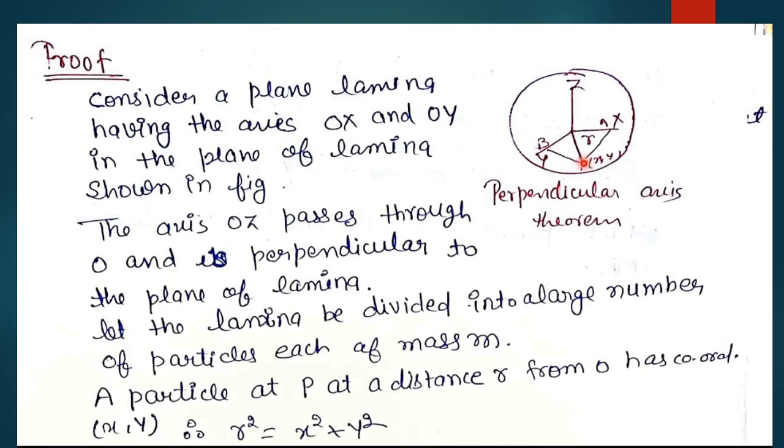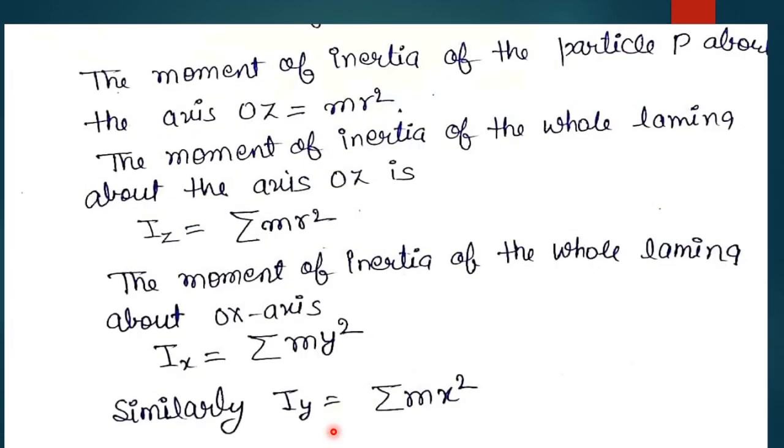The coordinates are x and y. So what will be the relation? r = √(x² + y²), or we can write r² = x² + y². Now the moment of inertia of the particle P about the axis OZ will be mr², and the moment of inertia of the whole lamina about the axis OZ is Iz = Σ mr².